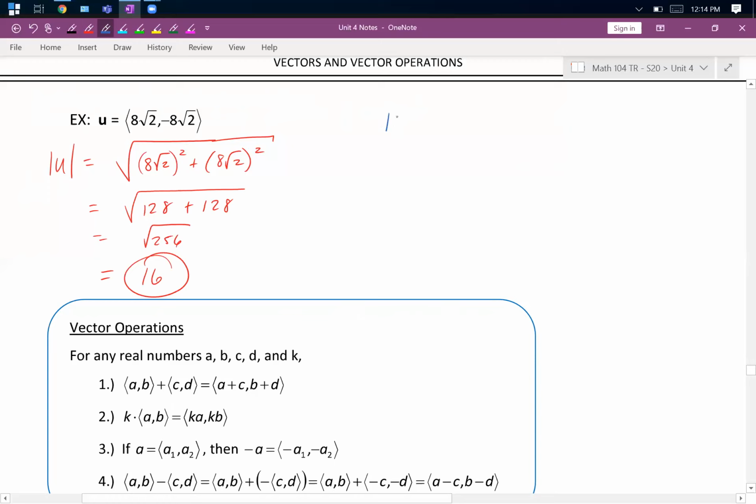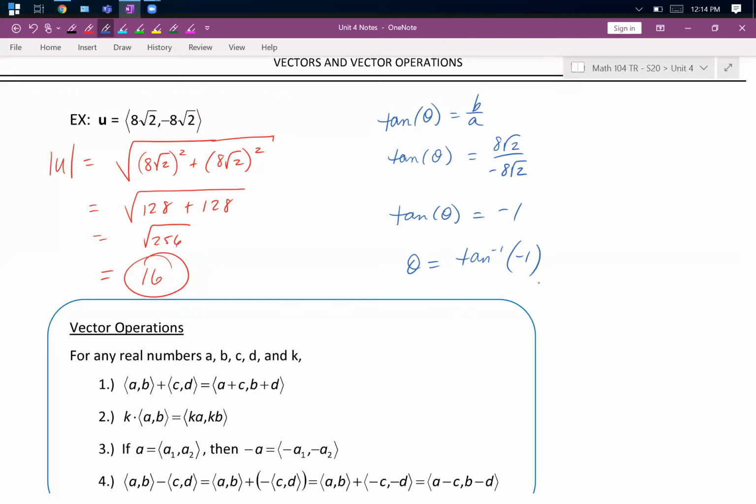And then to find our direction angle, we're using tangent of theta equals b over a. So tangent of theta equals 8 square root of 2 over -8 square root of 2. It's going to simplify to be -1. So theta equals tan inverse of -1.